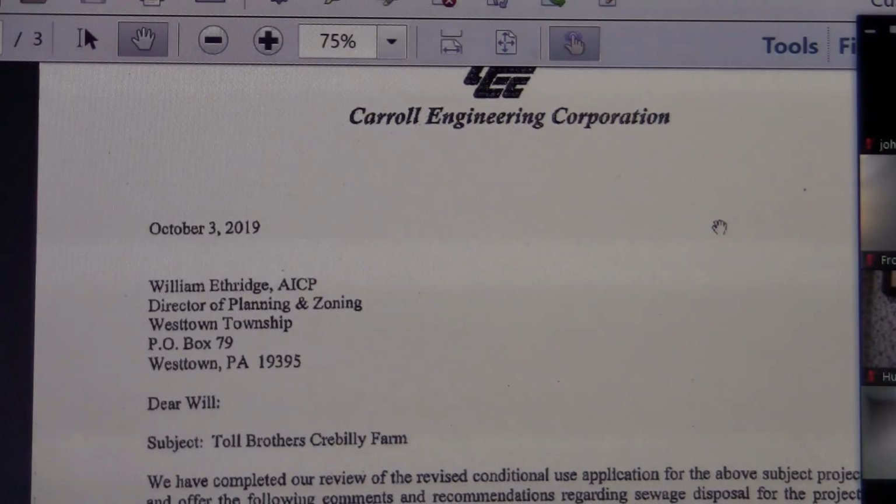Yes, he is. He's a client contact. And does the October 3rd Carroll Engineering letter, Exhibit B55, accurately reflect your understanding of what needs to occur in order to connect this property to public sewer? Yes, it does.